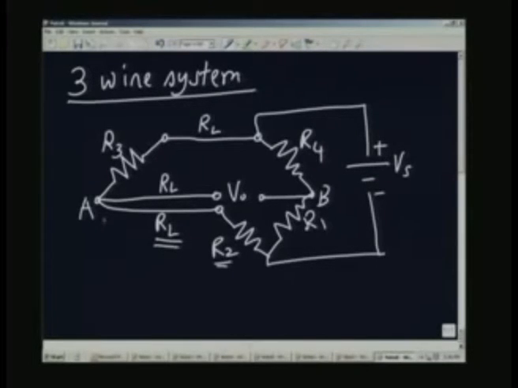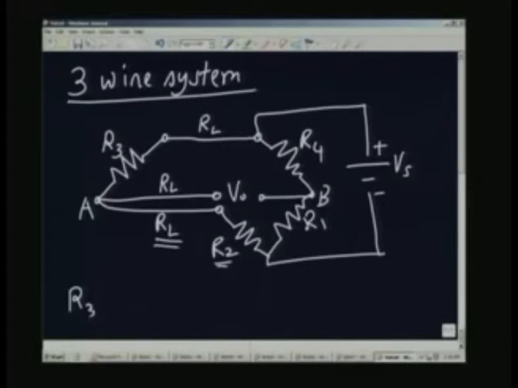So, if you look at this arm, actually it is R2 plus RL, and if you look at this arm, this is R3 plus RL. Therefore, I am adding a common value of resistance to these 2 sides, and therefore, if I look at the balance equation, let us see what happens.